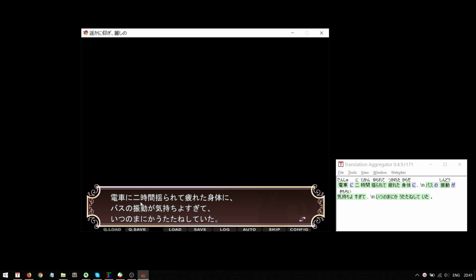And 電車に2時間揺られて means to be shaken by the train for 2 hours.